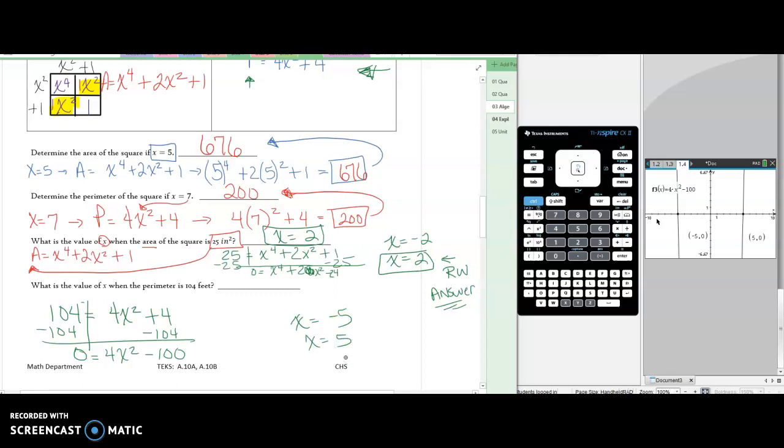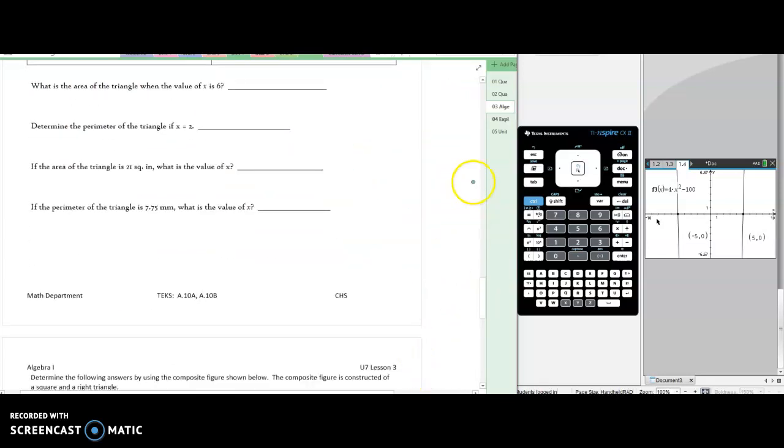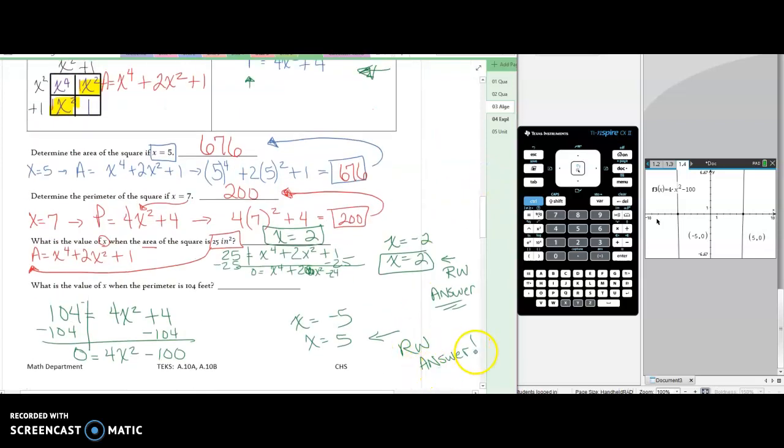And which one are we going to use? Absolutely, we're going to use the positive. That's our real world answer right there. Sorry, I was trying to do an exclamation point to make a point. All right, so x is equal to 5.